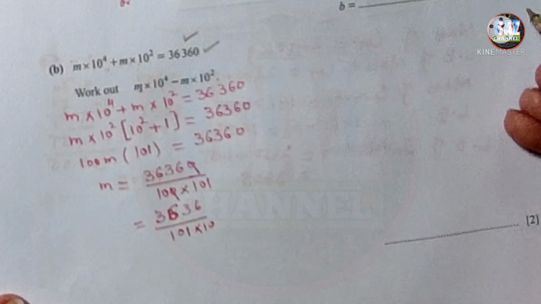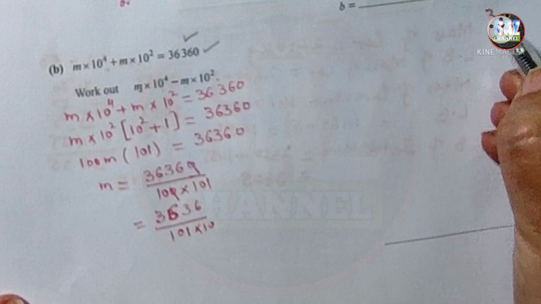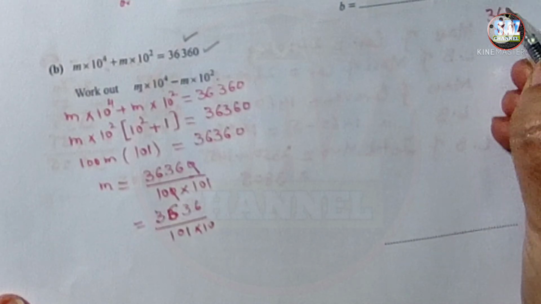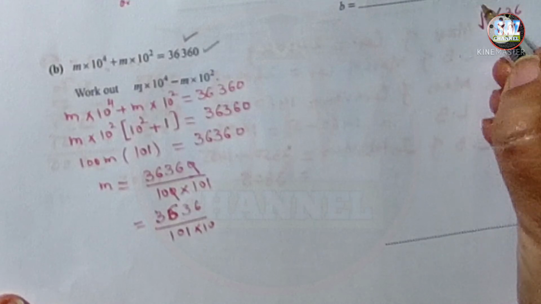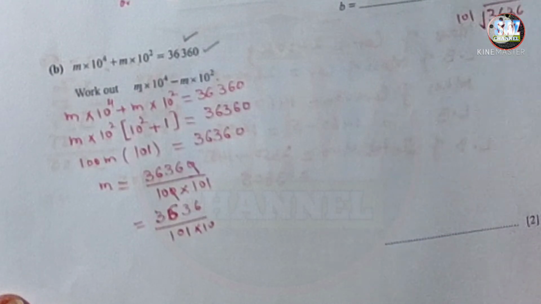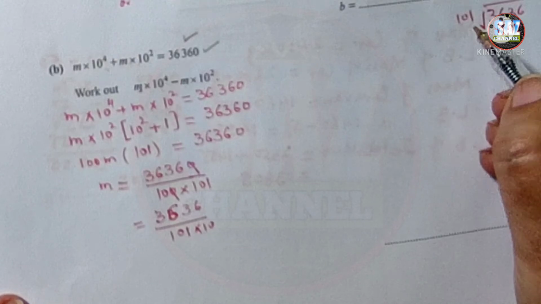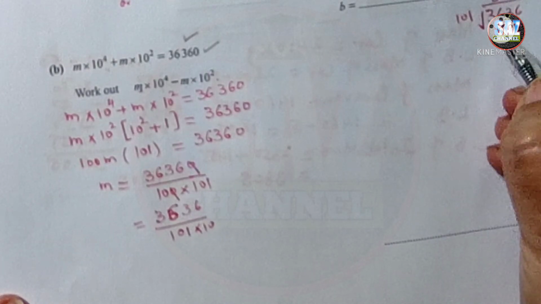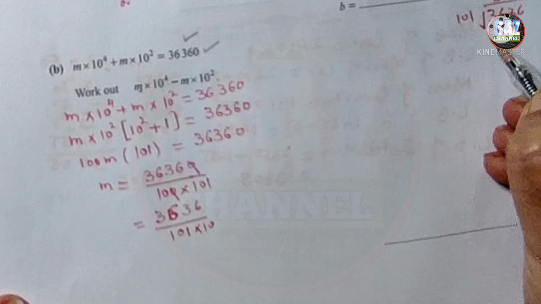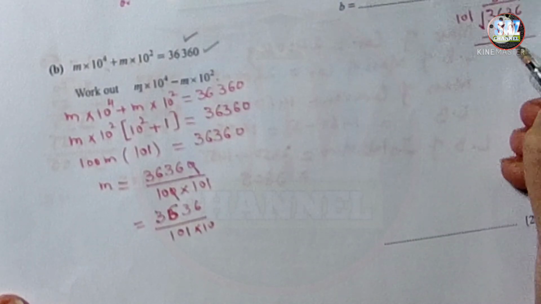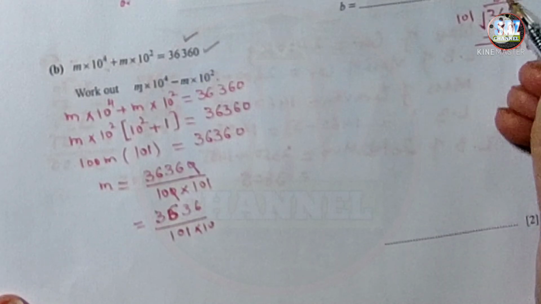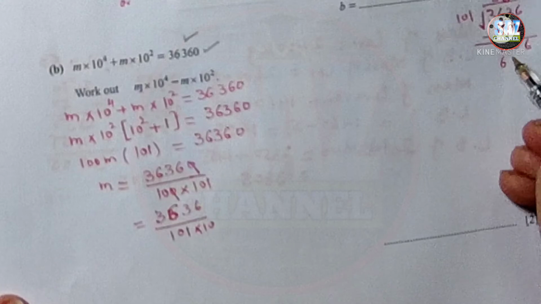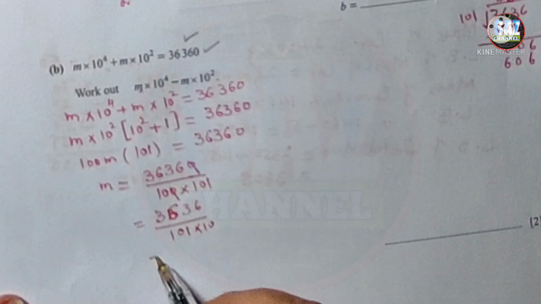Now what I have to do is divide 3,636 by 101. 101 times 2 is 202, and 3 is 303. 303 subtracted, 6 times is 606.